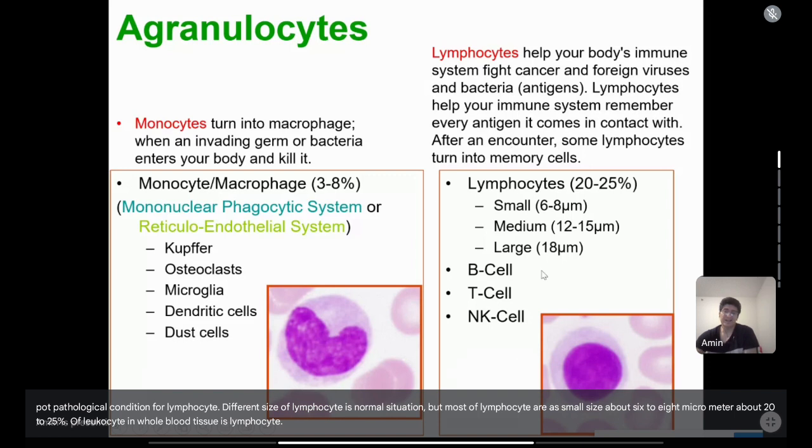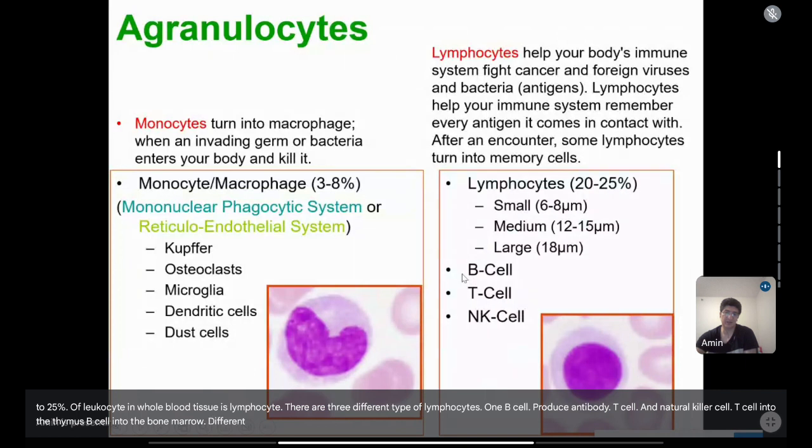There are 3 different types of lymphocytes. B cell, which produces antibody, T cell, and natural killer cell. T cell matures in the thymus, B cell in the bone marrow.